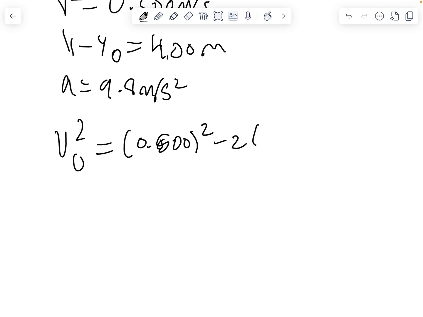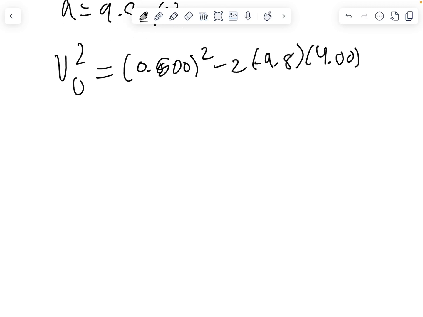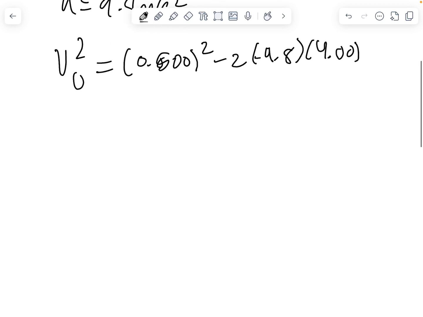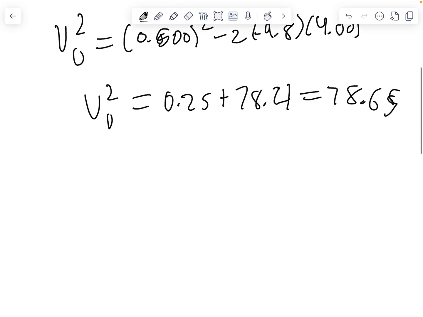So that would be this. So 0.5 squared is simply 0.25. I don't need a calculator for that one. So yeah, 78.4. That one I do need a calculator for. But your answer will be 78.65.